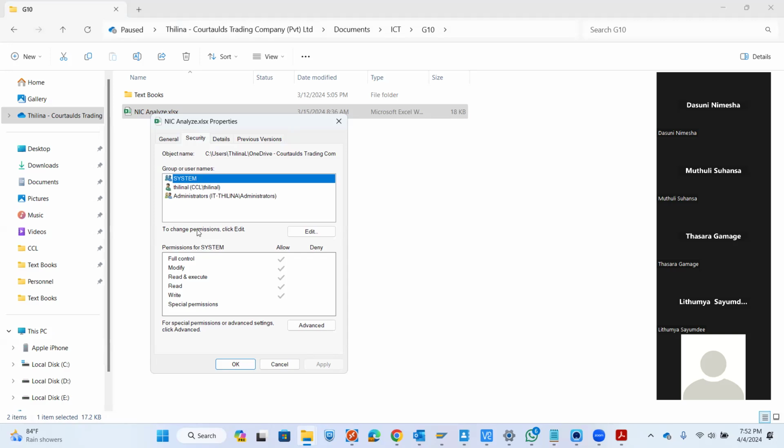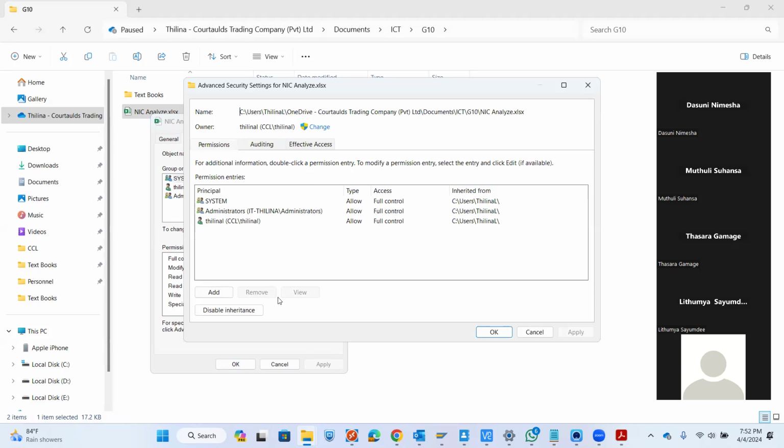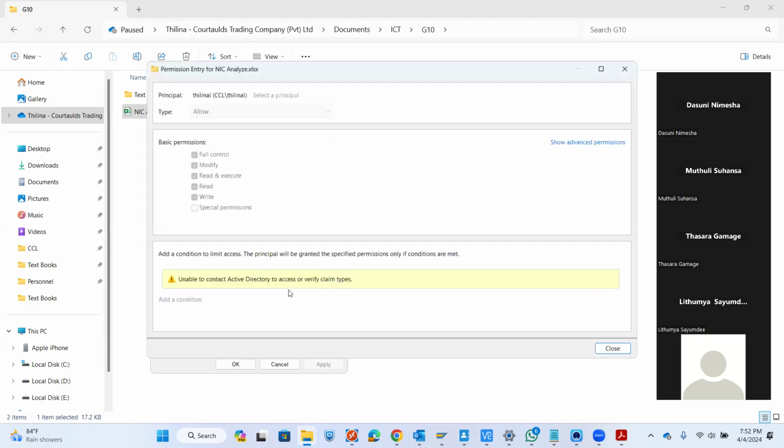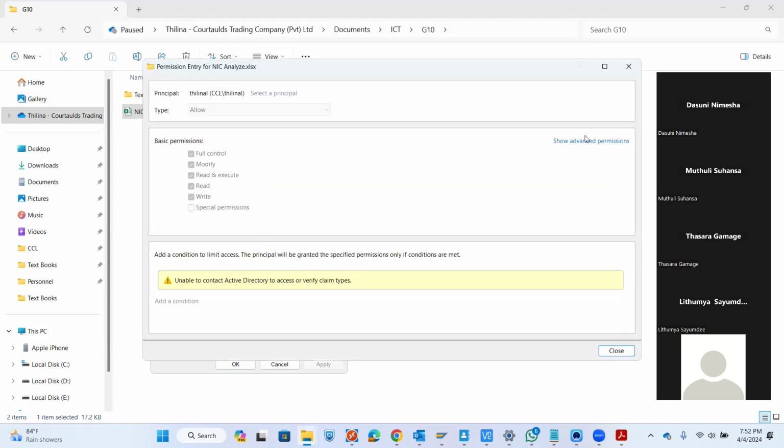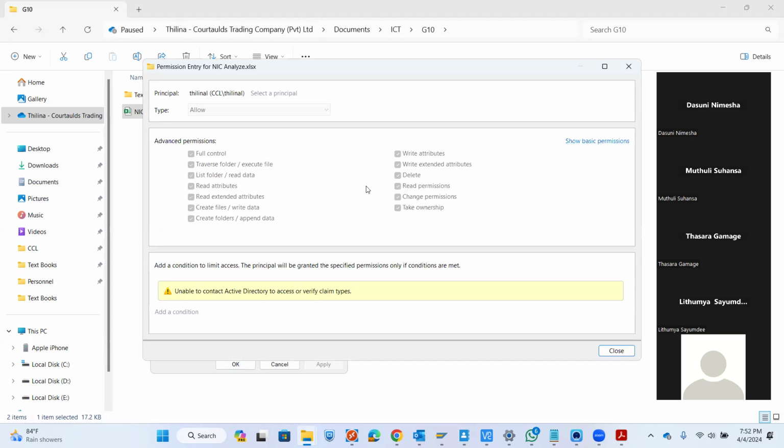Maybe I can give one user full access and another modify, another read only, another write access, and there are some special permissions too. These are very advanced things.